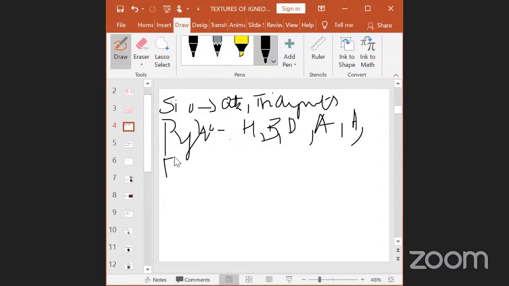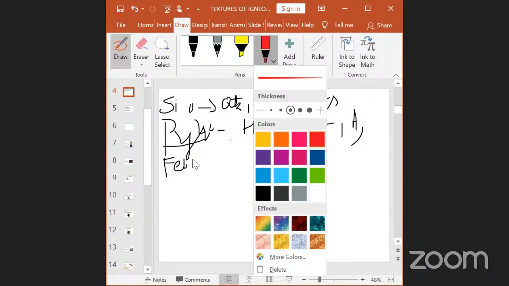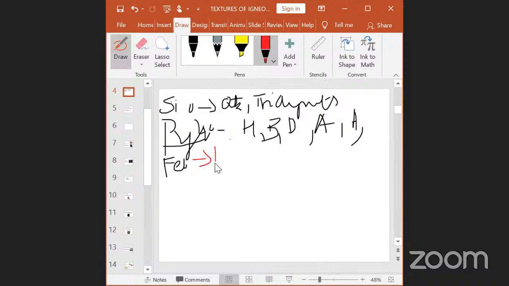And feldspar. Examples are plagioclase feldspar, orthoclase feldspar, anorthoclase feldspar, and also microcline feldspar.